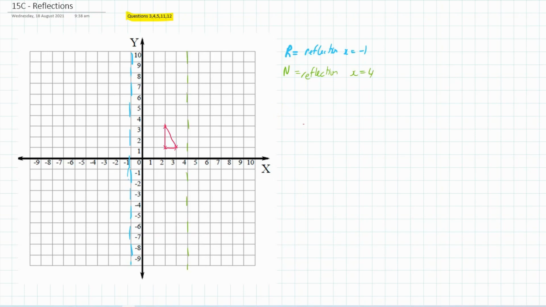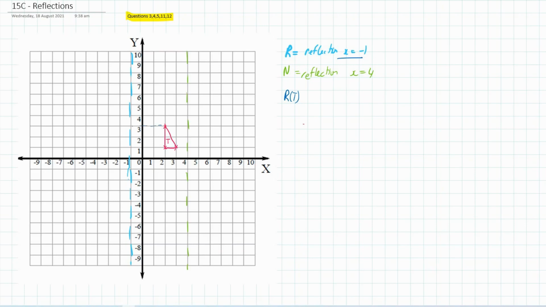Okay. First of all, we've got to do RT. Well, I think this is T here. So we've got to apply the reflection across x equals -1 to it, because that's R. So we're coming at it this way.